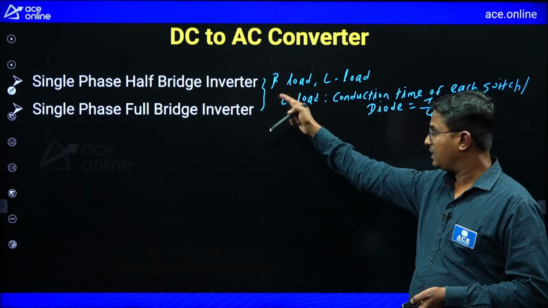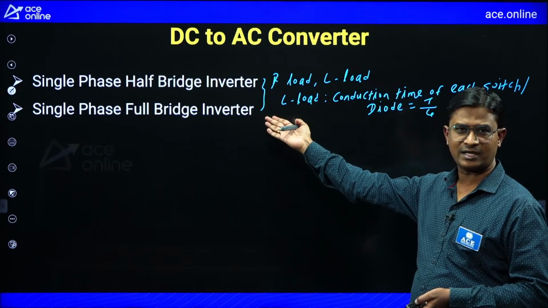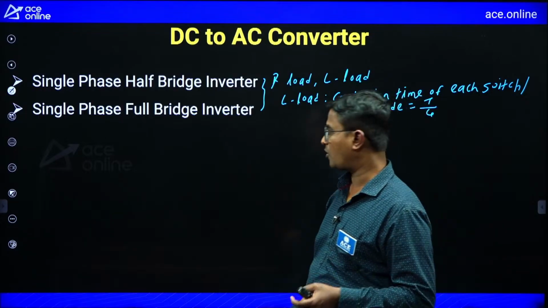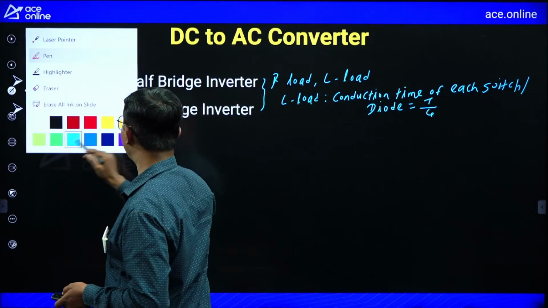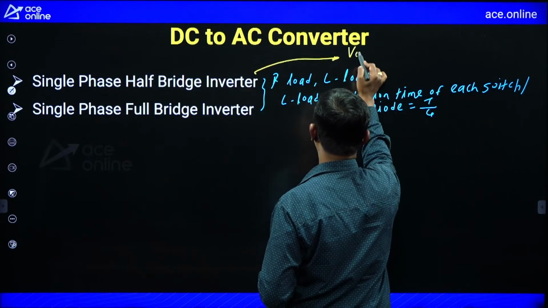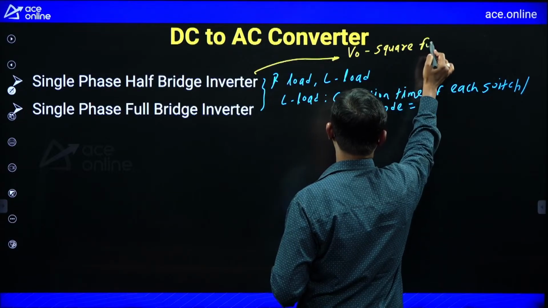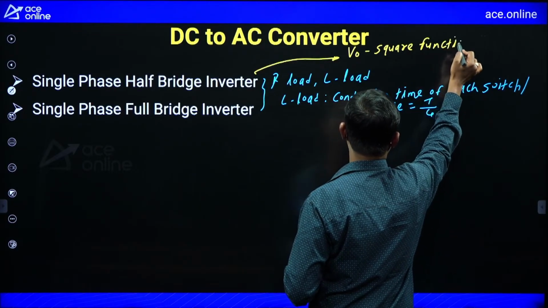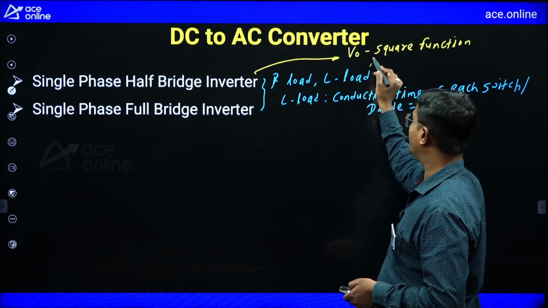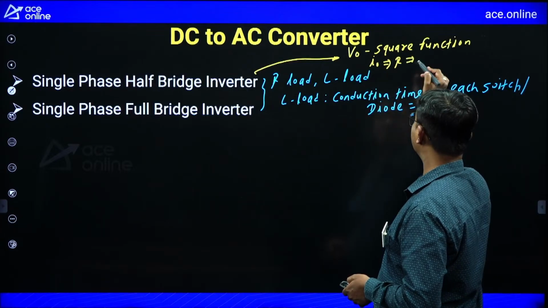Next, in single phase inverters, these are voltage source inverters, so output voltage is independent of nature of load. For all loads my output voltage is a square function. But load current depends on the load. If load is resistive, then my load current is a square function.